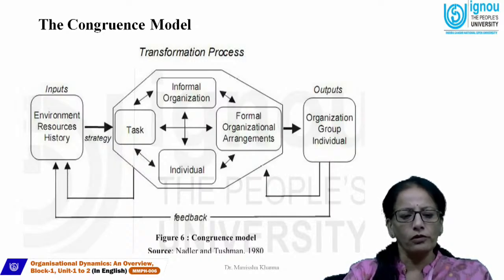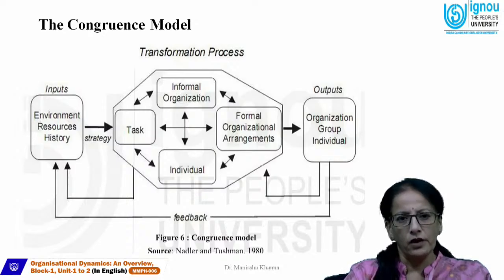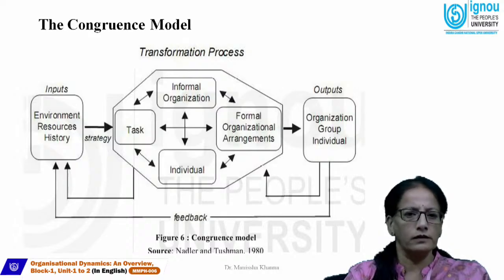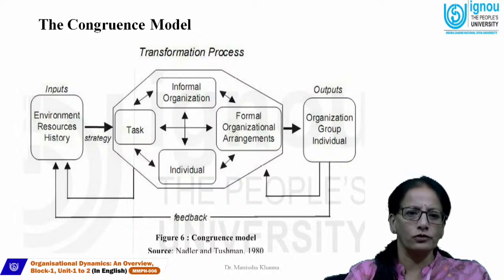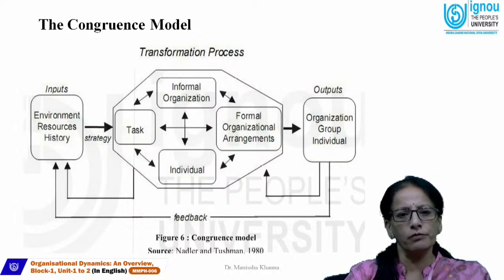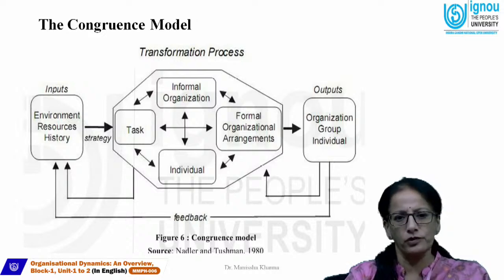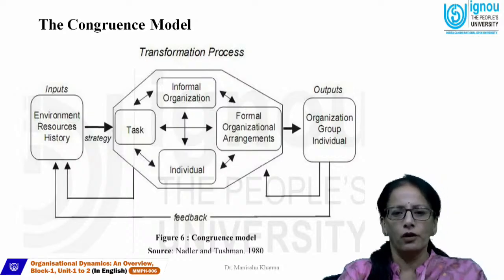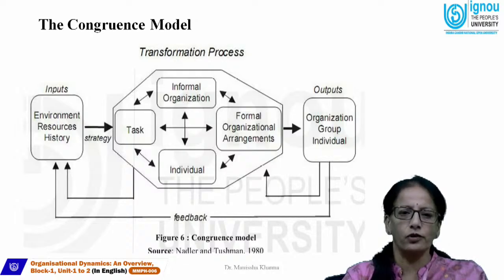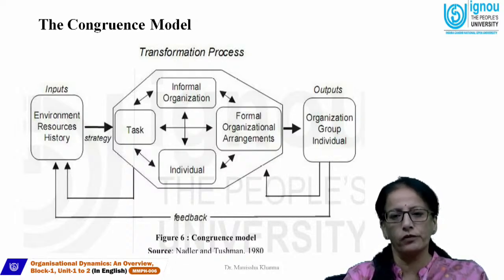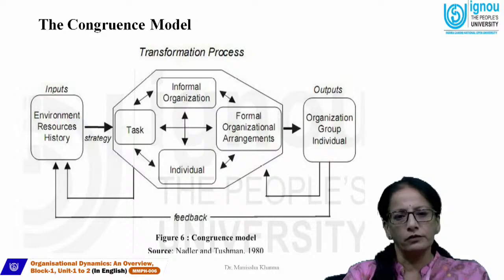Congruence model. Congruence model is again a transformation process which was given by Nadler and Tushman in 1980. Here it is seen that there are some inputs, and for every input there is an output. So when we say inputs, it refers to the environmental resources or the history of an organization, how the organization worked in past years, what strategy they were following, what system and processes they followed.